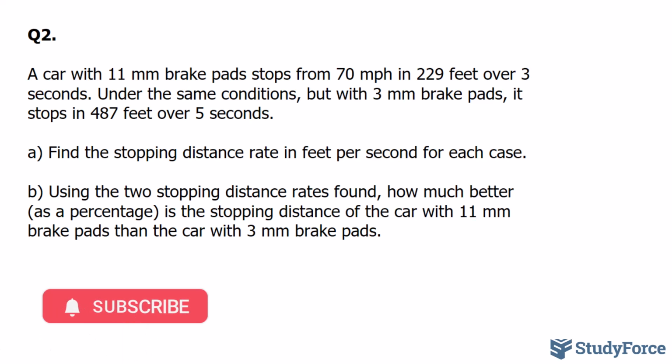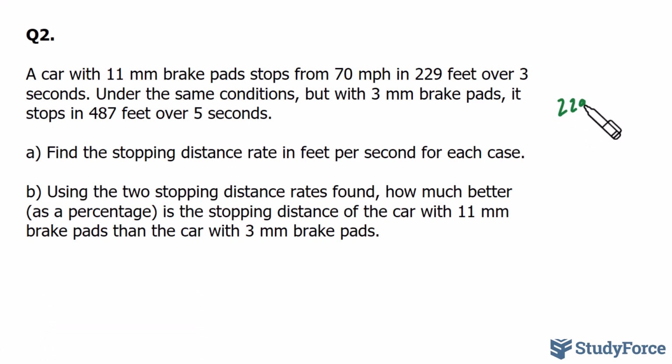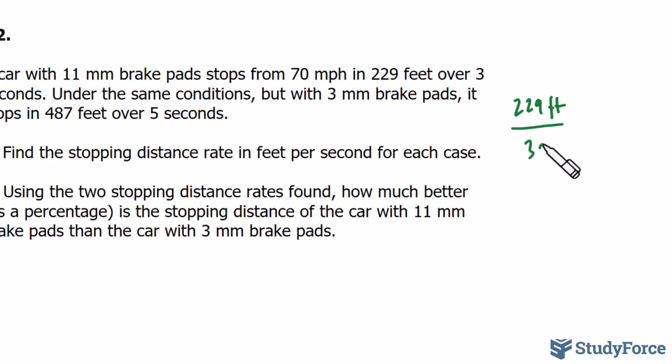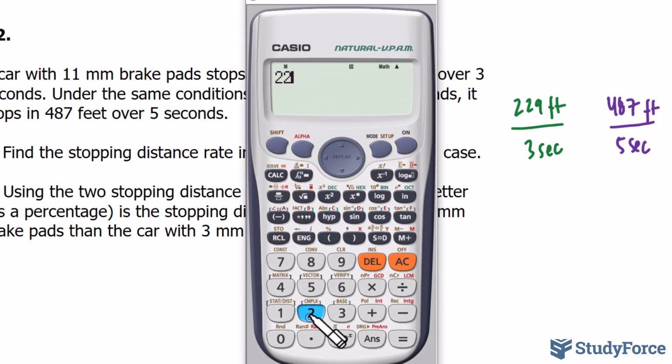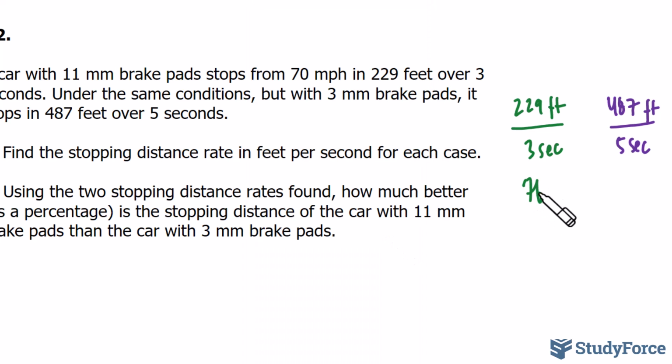For the 11mm brake pads, we have 229 feet over 3 seconds. And for the 3mm pad, we have 487 feet per 5 seconds. Using our calculator, 229 divided by 3 makes 76.3 feet per second.